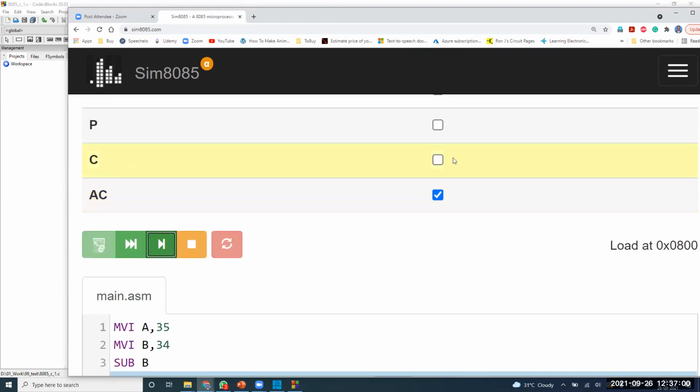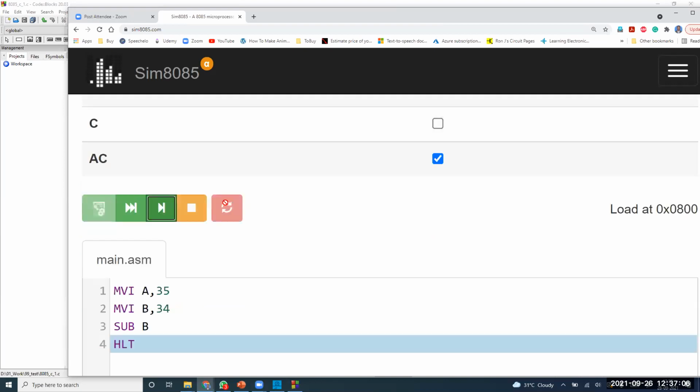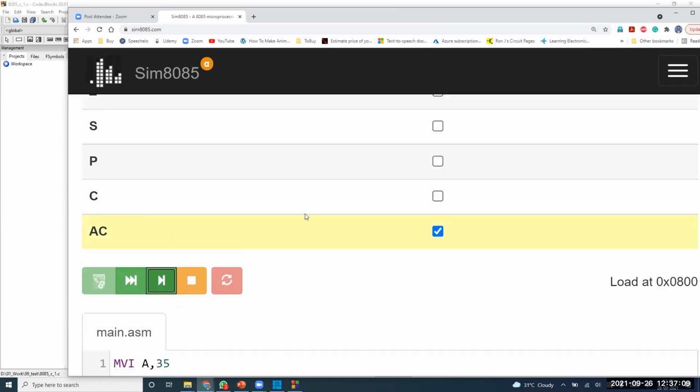See that carry is not set. I'll discuss auxiliary carry later. Now the sign bit is also not set because it's not negative. The carry is not set.